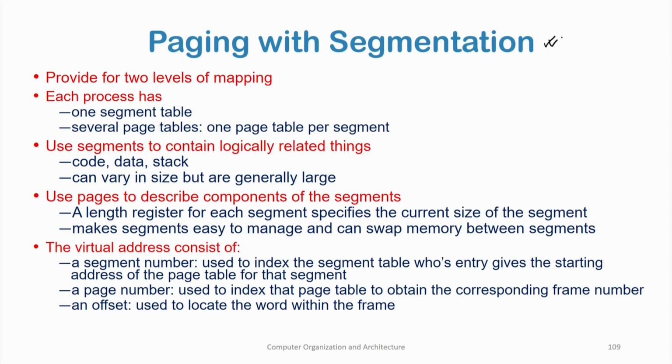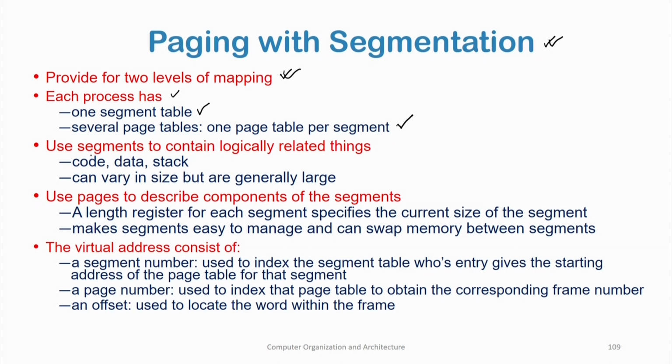To handle this problem, we sometimes use paging with segmentation. This segmentation is a little different from the segmentation we just discussed in the previous slide. This also provides two levels of mapping, but it is a bit more flexible. Each process has a segment table and several page tables, one page table for each segment. This is very similar to what we discussed in the last slide. What is different comes now.